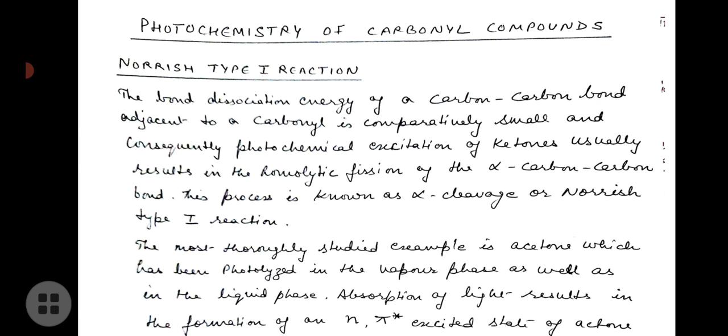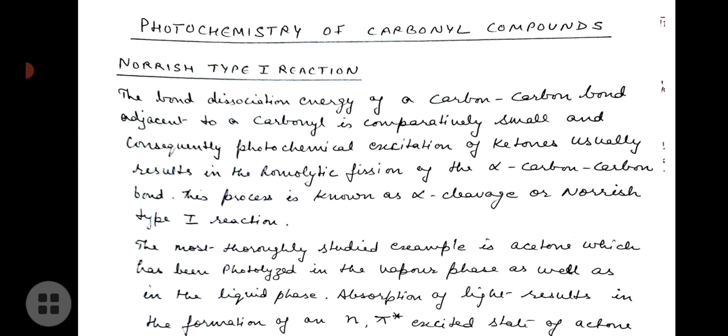The excited n-pi star saturated acyclic carbonyl compounds undergo an initial cleavage of the carbon-carbonyl bond to give an alkyl and an acyl radical, and this process is known as alpha cleavage or Norrish type first cleavage.